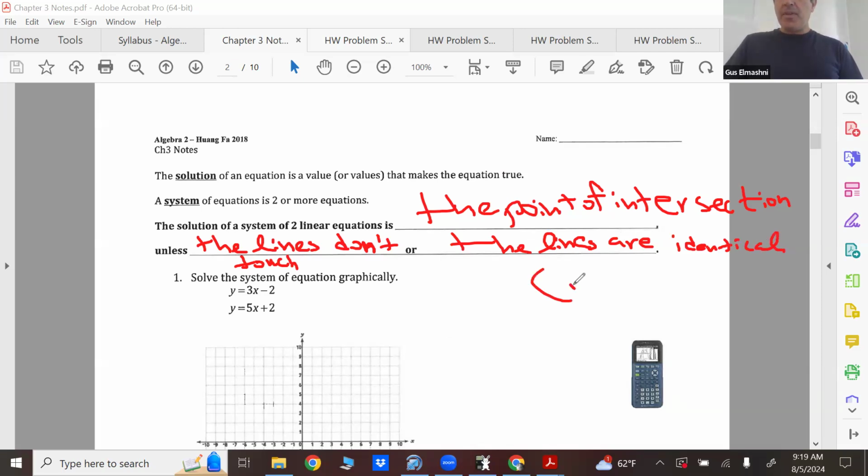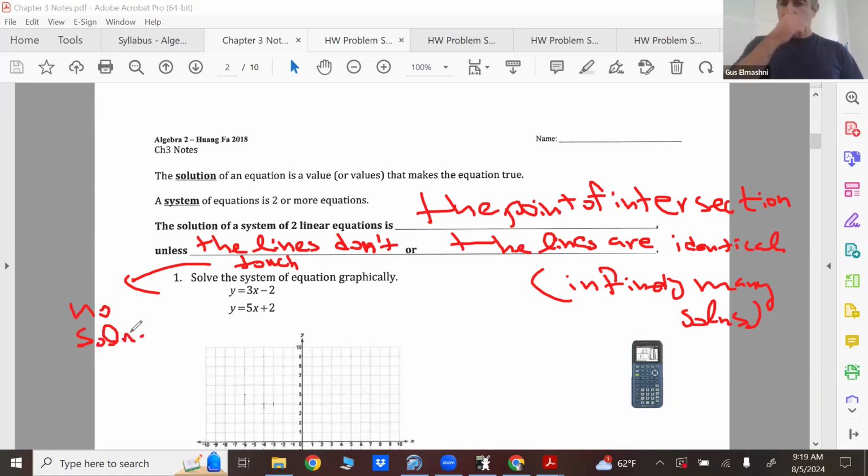When they're identical, we say there's infinitely many solutions. When they don't touch, we say there's no solution.